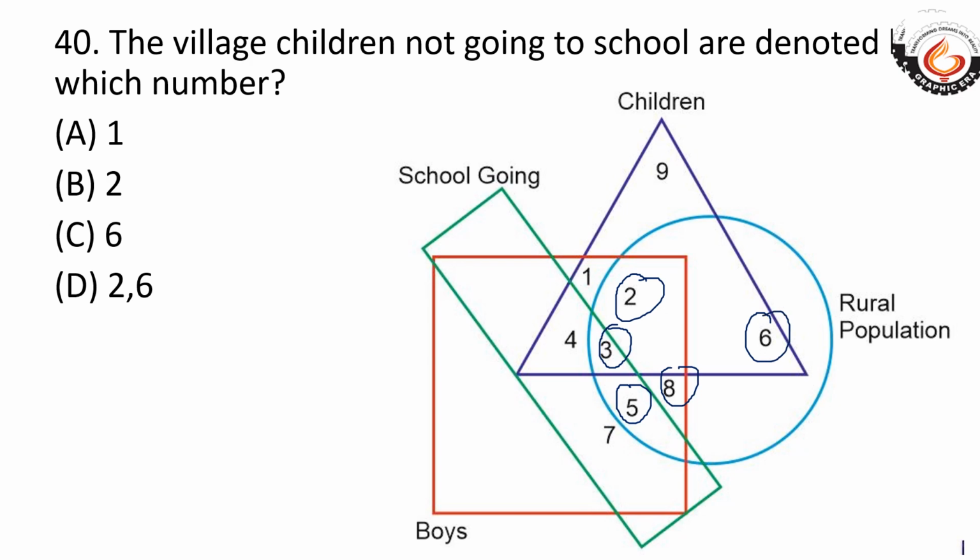But now they're talking about children, so we have to skip this 8 because it does not count in children. This 5 also does not count in children. Only 2, 3 and 6 count in children. And not going to school, but number 3 is going to school, so this is also not there. So the answer is 2 and 6. Option D, 2 and 6.